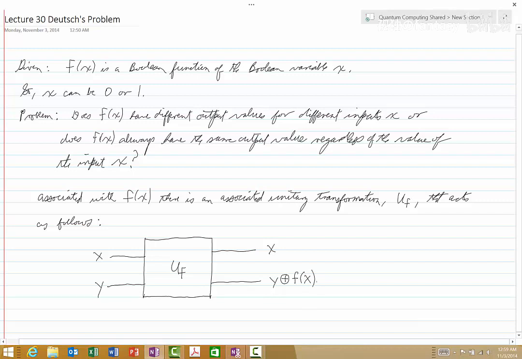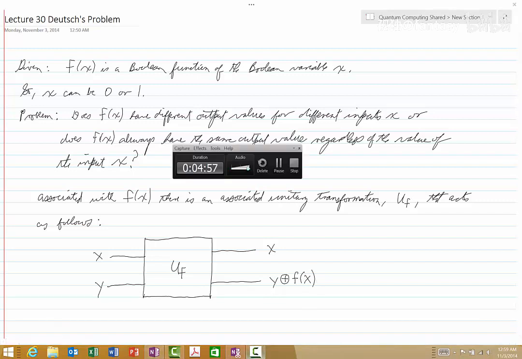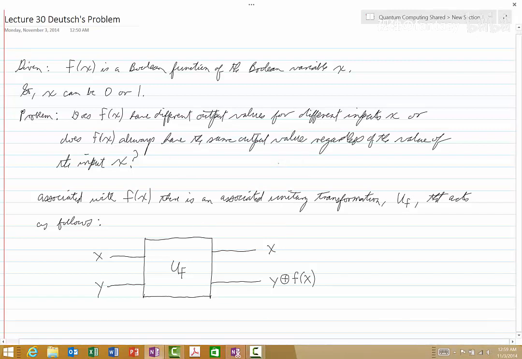And all of these are qubits. So this is the unitary transformation associated with the function f of x.